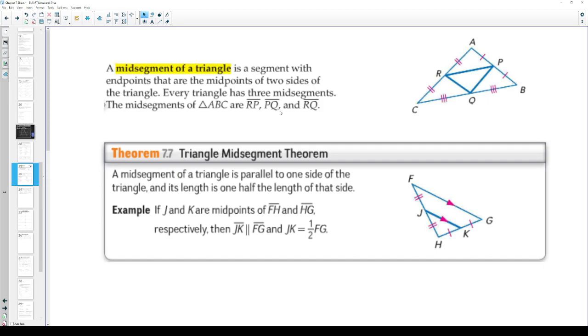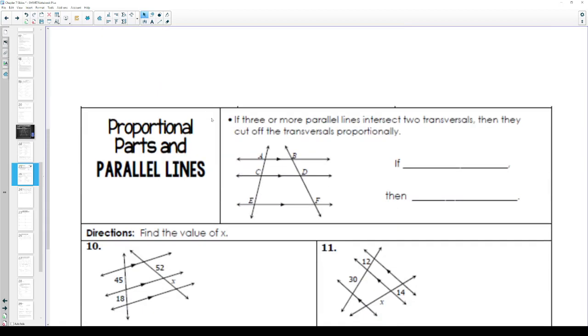So we already learned about mid-segments of a triangle that we form by connecting each of the midpoints, and that each of those mid-segments will be parallel to the side that it's not connected to, and that it's going to be exactly half the length of that side. So basically we've split into similar triangles, right? So this small one, we made these half, so it's going to be half as long here as well. So nothing new there, just a reminder.